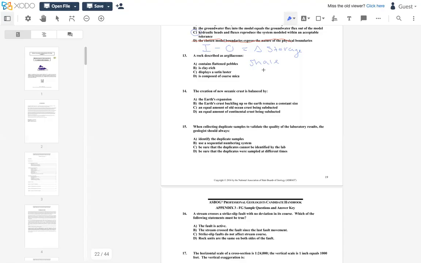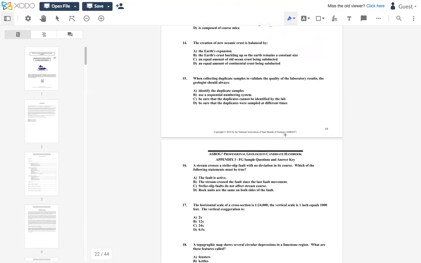Definitely clay-rich. I mean, even the symbol, if we were going to draw a lithologic symbol, this would be a clay, which would be a shale. So I think this is really just some vocab that you need to know, or know that argilla in Latin means clay, but I don't think that's the best way to remember that. Just associate that with something. So pretty confident B is our answer.